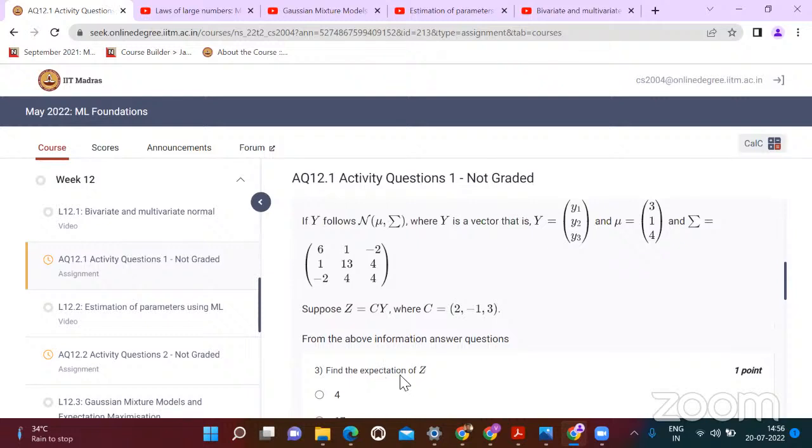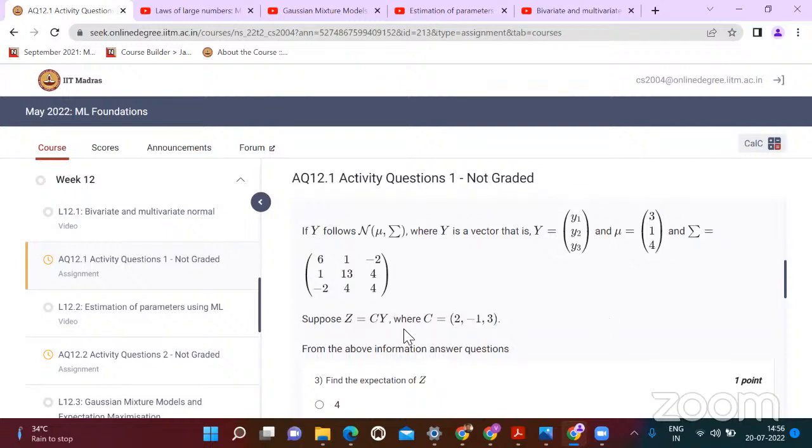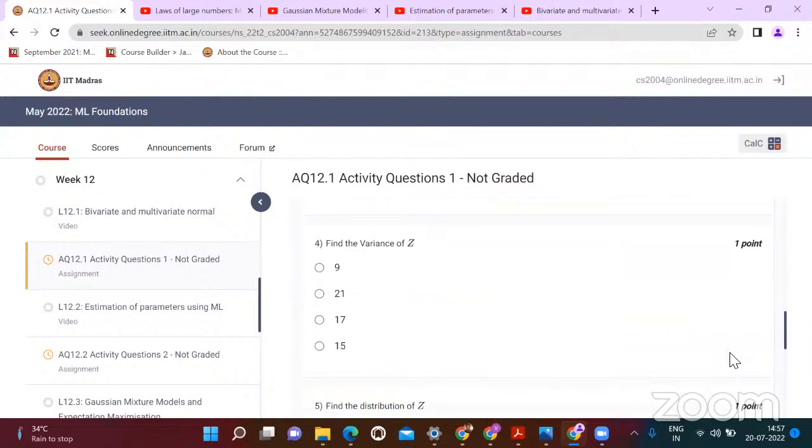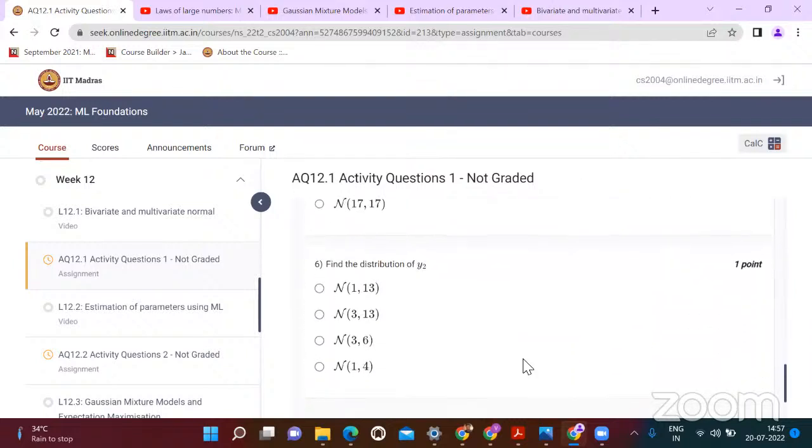You have to calculate the expectation of Z, and you have been given C already. C is the matrix and then you have the U matrix. So CY. The mean matrix of Y is this one. You just have to do the matrix product multiplication of that matrix, and you get the expectation. Similarly, you can get the variance and then calculate the other things. This type of problem is there in the graded assignment also.